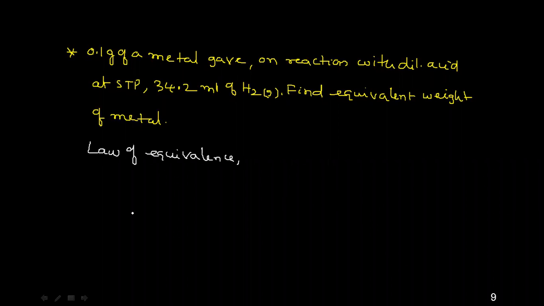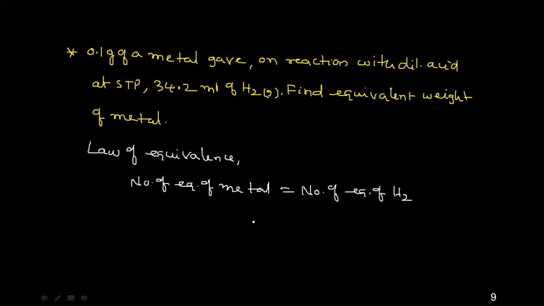From this, the number of equivalents of the metal must be equal to the number of equivalents of the hydrogen gas released. So number of equivalents of metal is equal to number of equivalents of hydrogen gas.